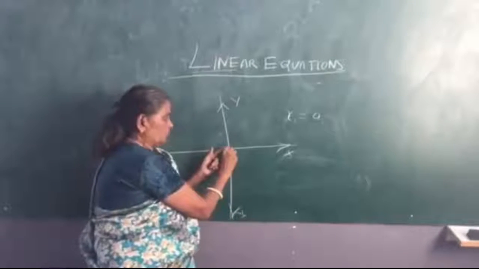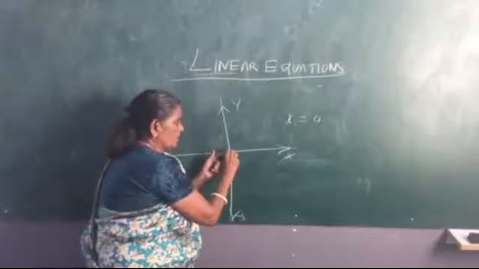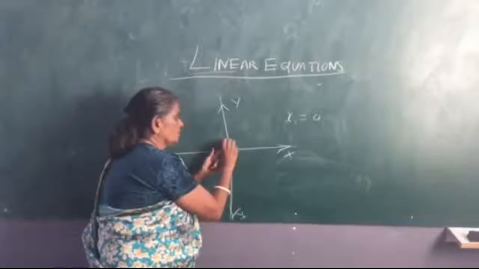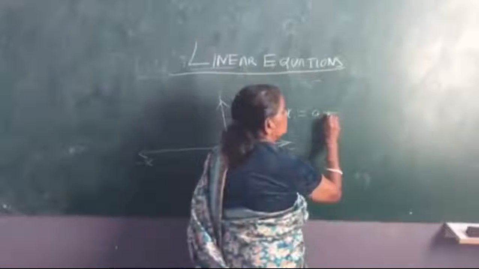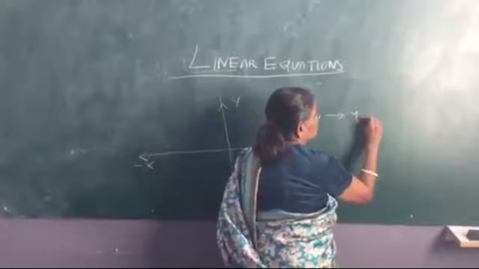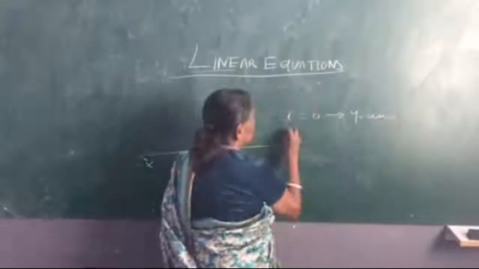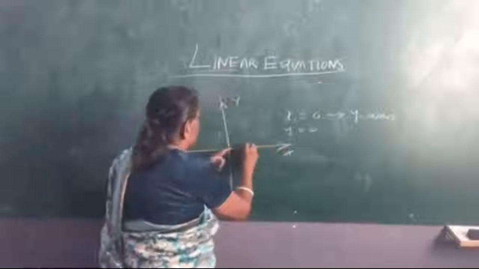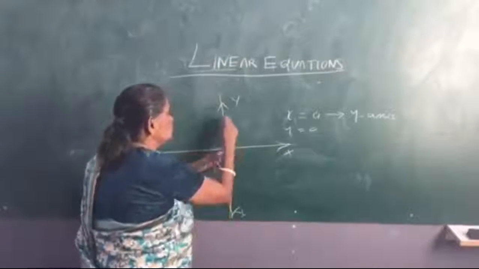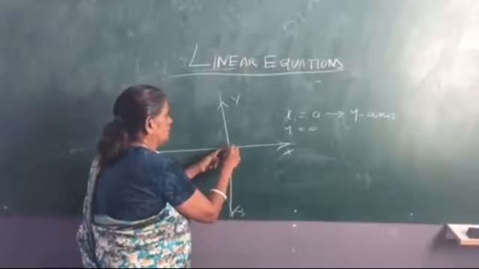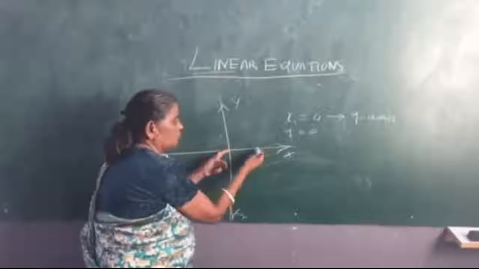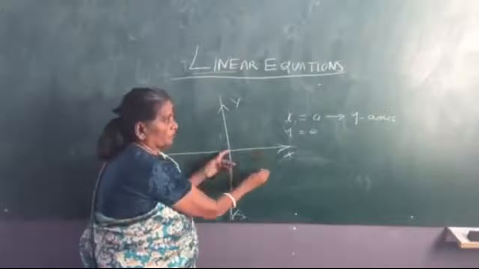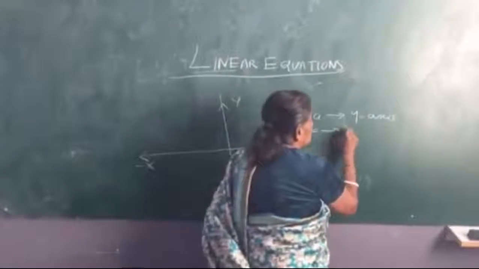If x is 0, all those points will form a line. So x is equal to 0 represents the y-axis. Similarly, y is equal to 0 means all the points will be lying on the x-axis, because you are neither going up nor coming down. This represents the x-axis.